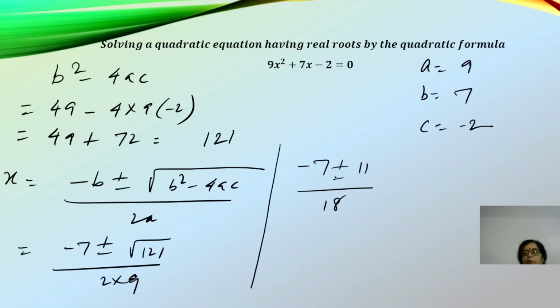If we take the positive sign over here, we'll get 4 by 18, that is 2 by 9. And if we take the negative sign, we'll get minus 18 by 18, that is minus 1. So one solution will be 2 by 9 and the other solution will be minus 1.